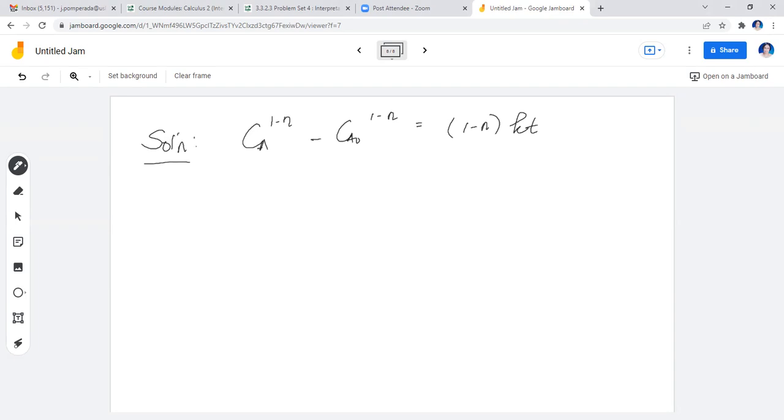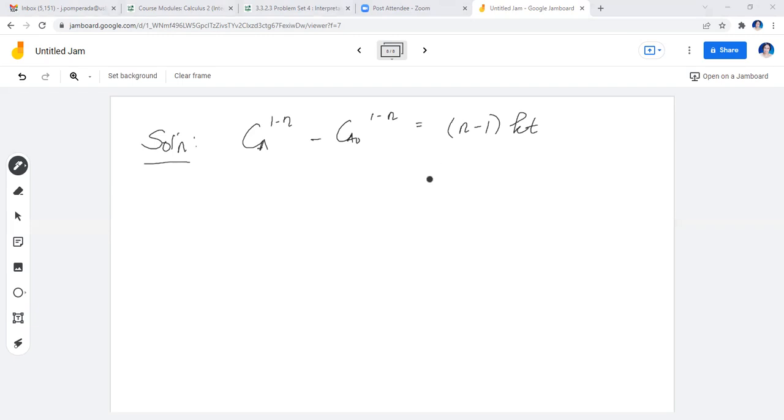Let me check if I have copied it correctly, or it's n minus 1 kT. Somebody wrote in the chat box. Correct, I got it interchanged. So n minus 1 kT.